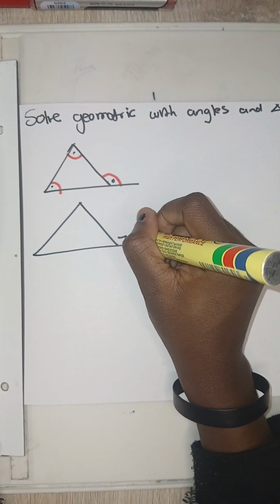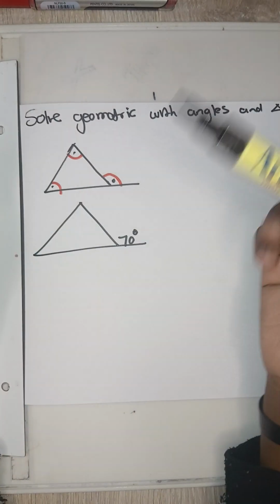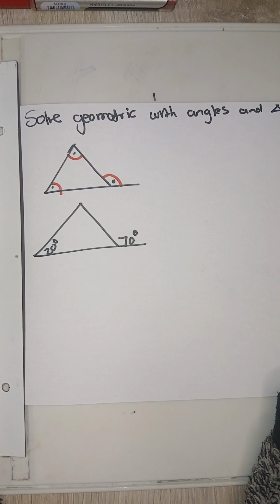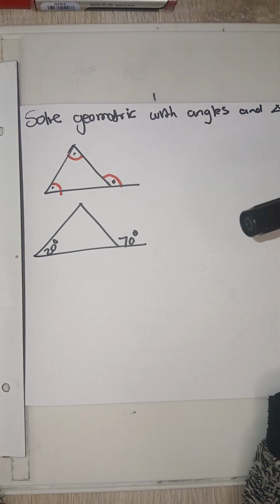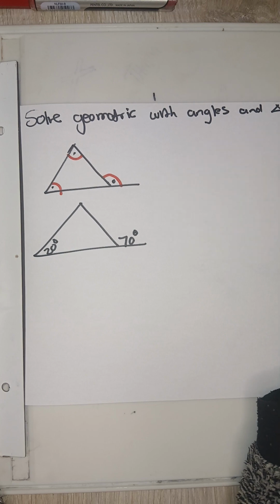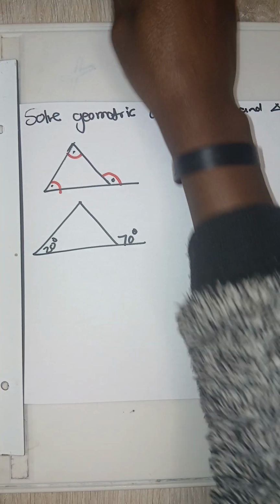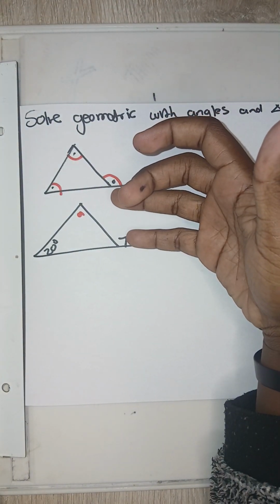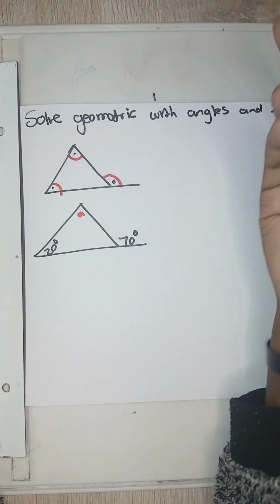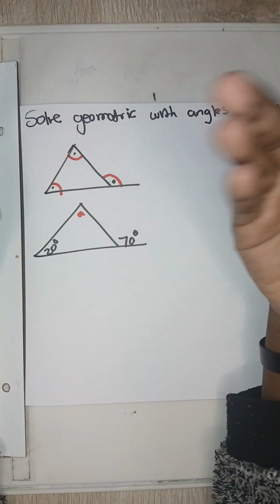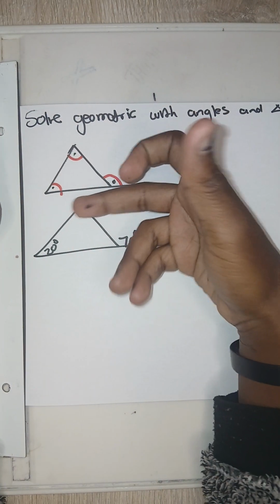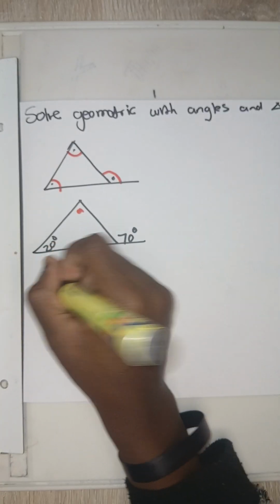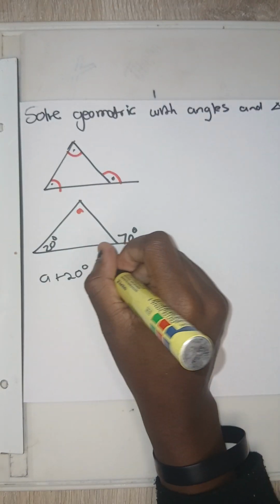If here was 70 degrees as an example, and here it was 20 degrees, and let's just say here is A, we're going to say 70 is equal to 20 plus A. And maybe the question says we must find the value of angle A. So A plus 20 is equal to 70.